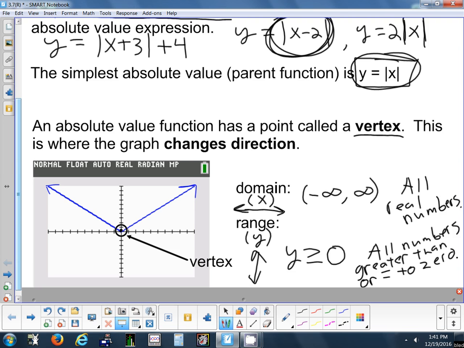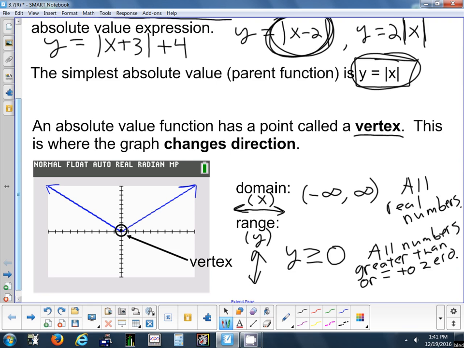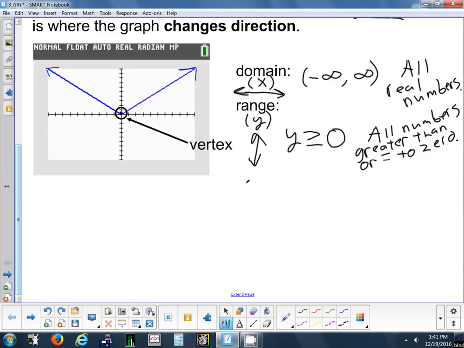Okay, any question on the domain and range there? Could you put a little dash, like 0 through infinity? If you wanted to write it differently, you could do it like this, but I didn't get into that.